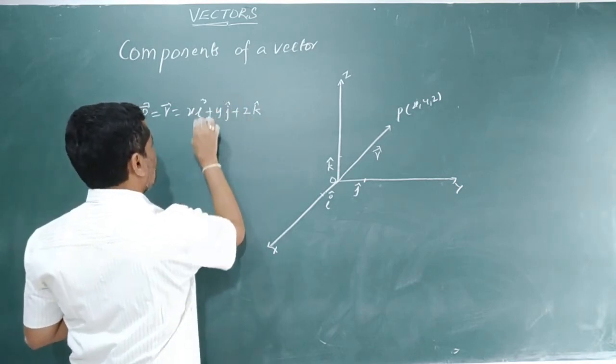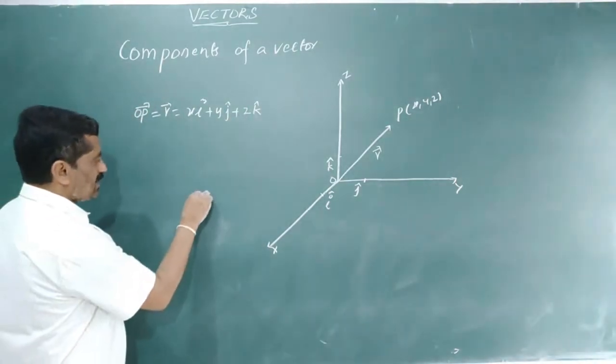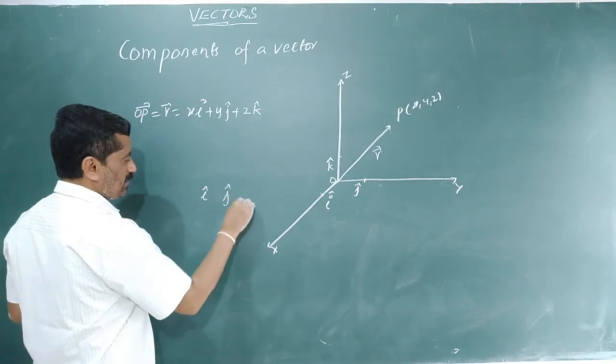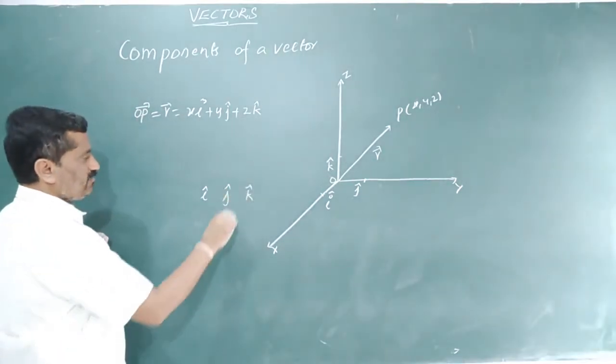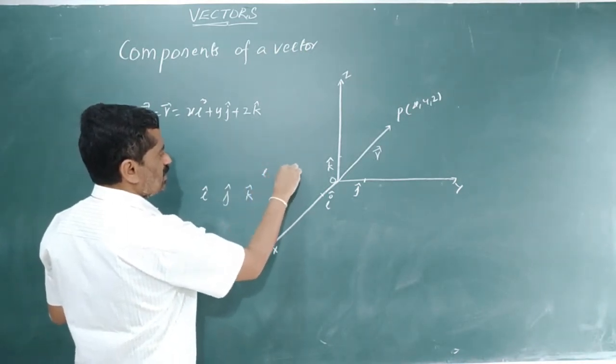So usually i, j, k are unit vectors. They are written as i cap, j cap, k cap. Generally we will write these unit vectors also as i, j, k.